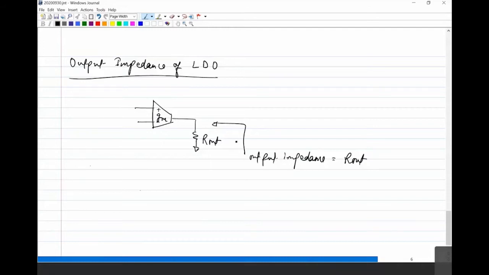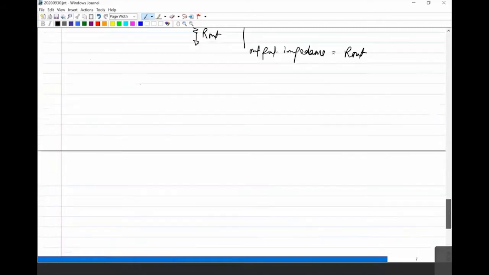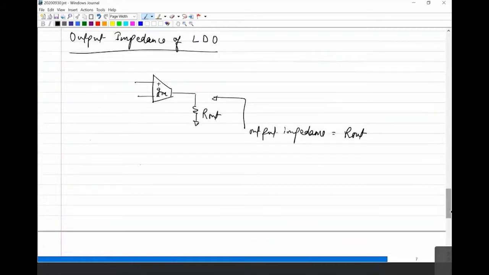So your impedance will be defined by whatever is connected at the output of this GM block. So our output impedance is R out. Now, this was your DC.